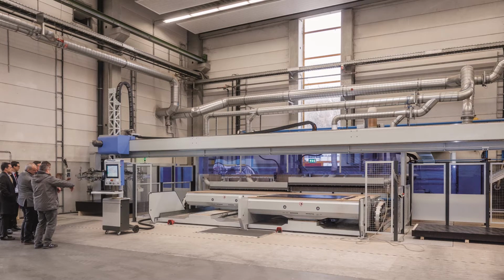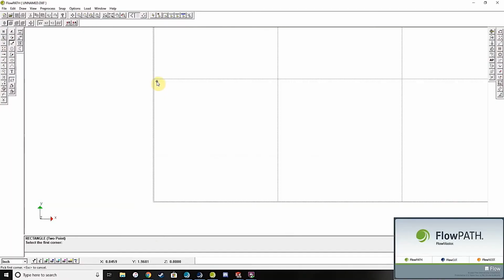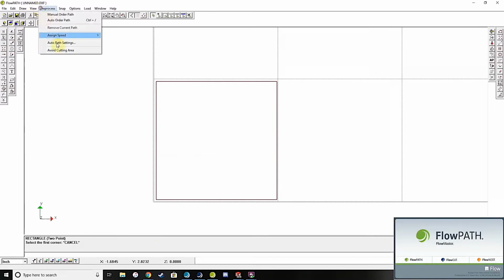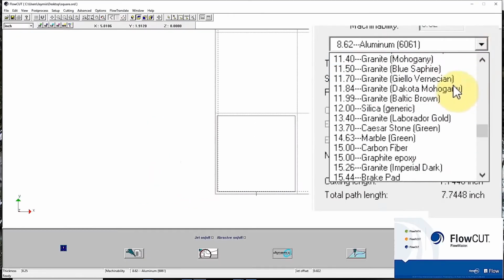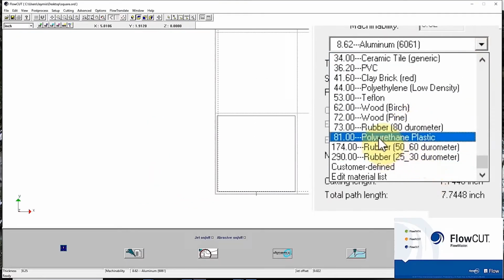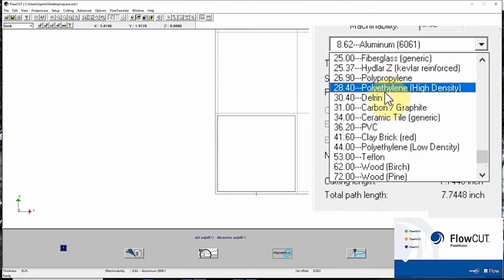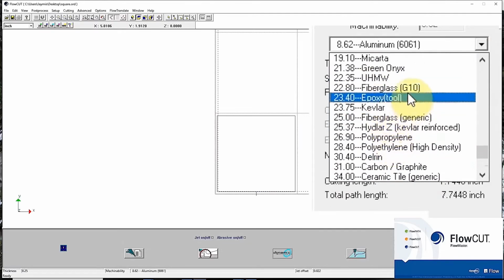Let's look at the next video. First, draw the desired shape and set the direction of the CNC machine. Also, the water pressure can be adjusted according to the material.